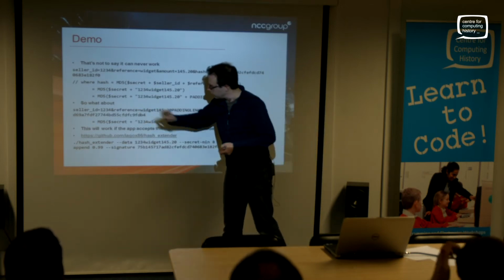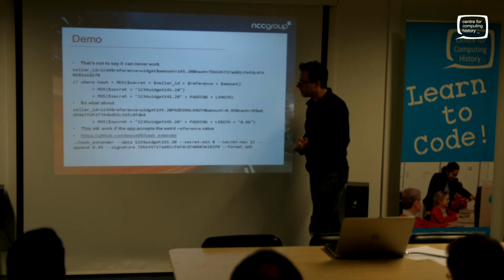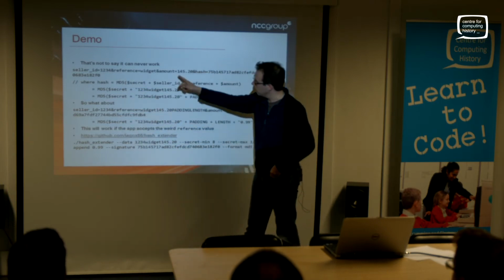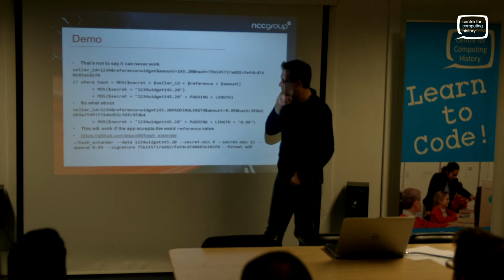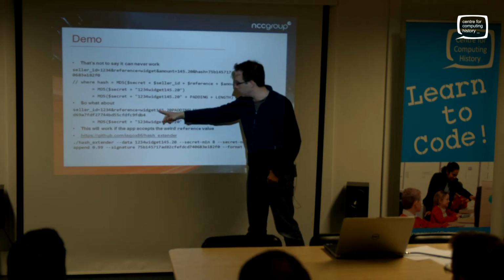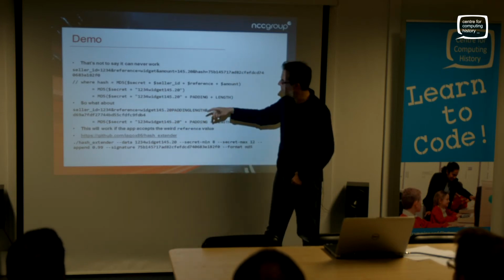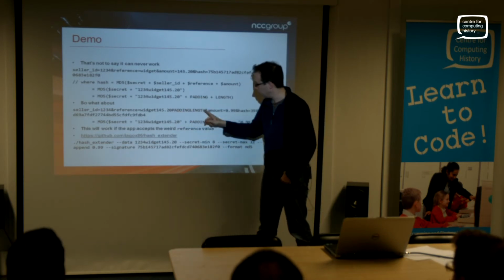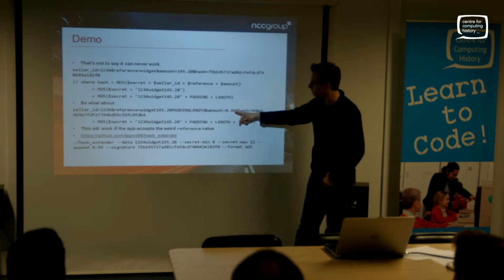So what about this? What if we were able to feed this as input? So here we've got the same seller ID, but our references are looking a little bit different. So what we've done is we've got 14520 in as our amount. We've got the padding and the length, and we've got a new amount.